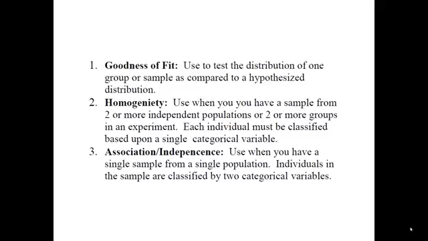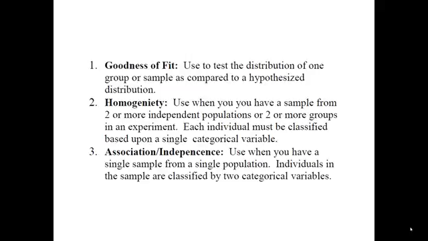Types of chi-square tests. Number 1, goodness of fit: used to test the distribution of one group or sample as compared to a hypothesized distribution. Number 2, homogeneity: used when you have a sample from 2 or more independent populations or 2 or more groups in an experiment.